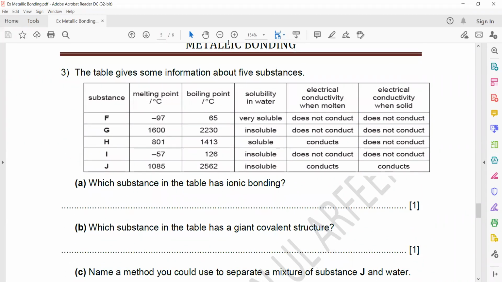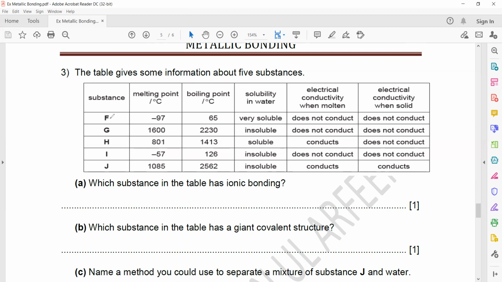In question 3, the table gives some information about 5 substances. Now, you have to identify from the properties, because a substance can be ionic, covalent, giant covalent, or macromolecular.